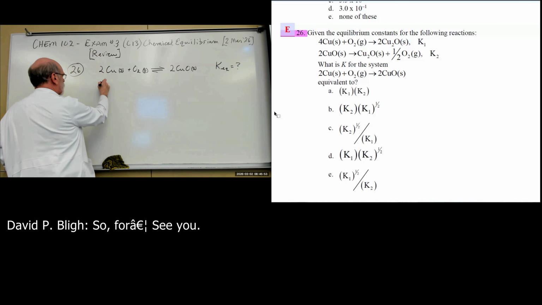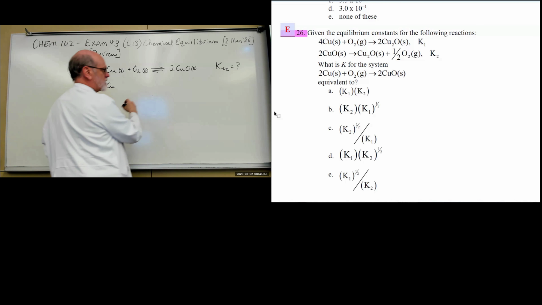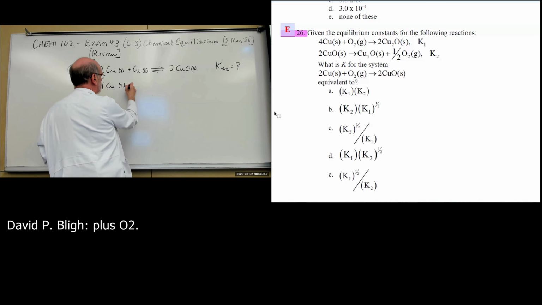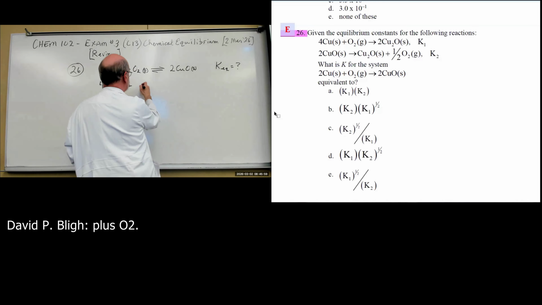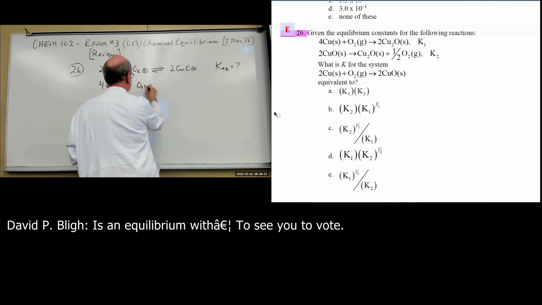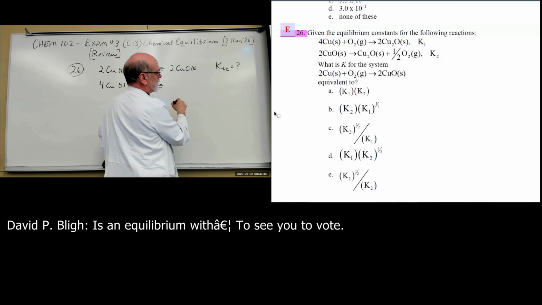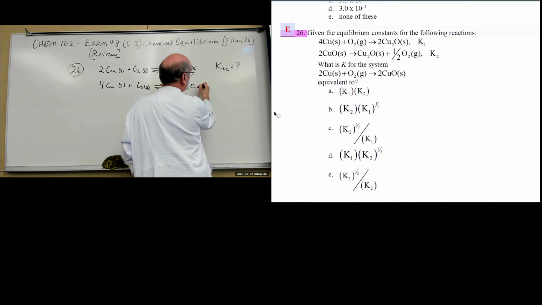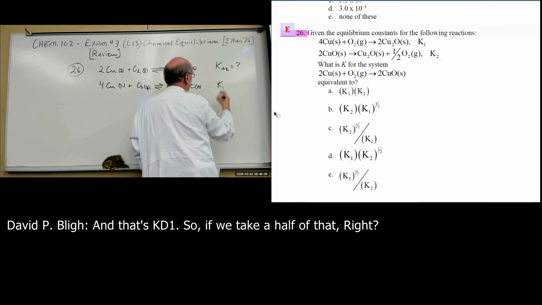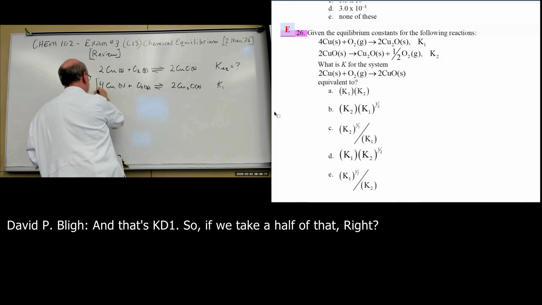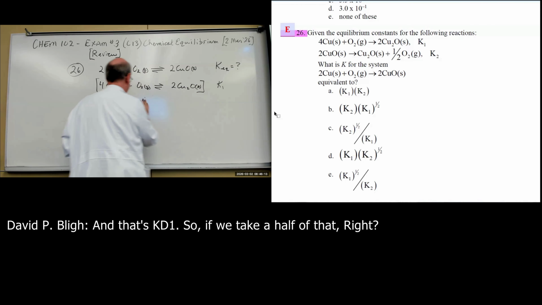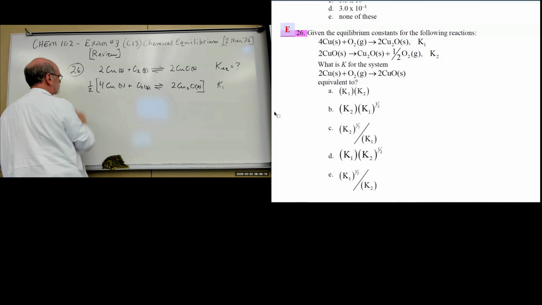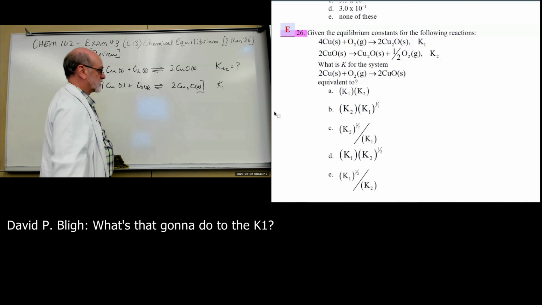So 4Cu plus O2 is in equilibrium with 2Cu2O. And that's K1. So if we take a half of that, what is that going to do to the K1?